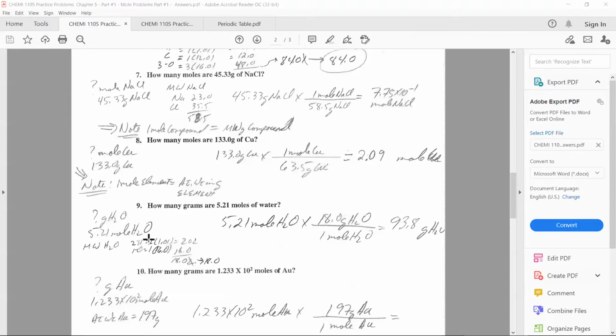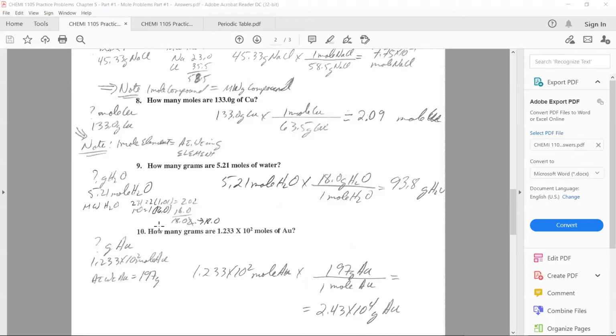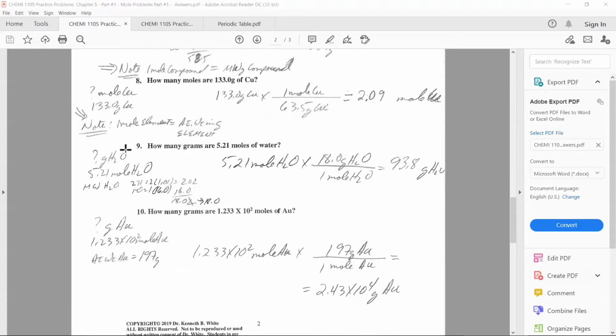So, number 9, I'm trying to find how many grams of water, H2O. I'm given how many moles of water, H2O. So I have this number I want to start with. That's all I have. I want to go to grams of water, H2O.